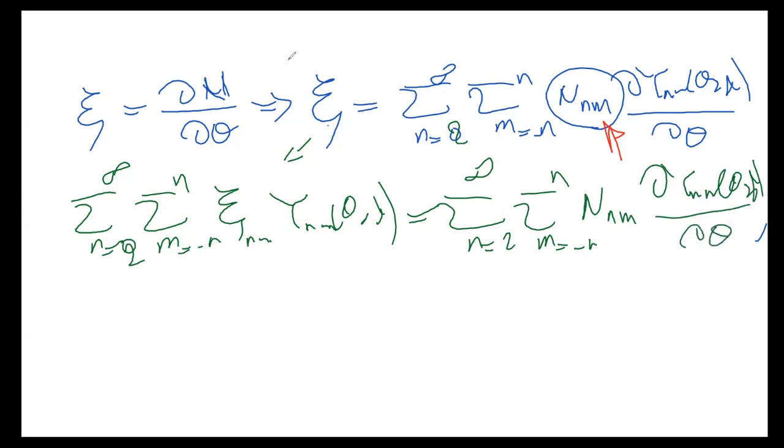So if I write it in that way, you can see that I cannot directly write that this term is equal to this, so I can separate the spherical harmonics simply.